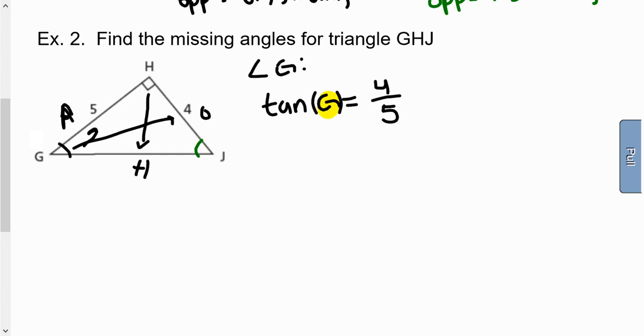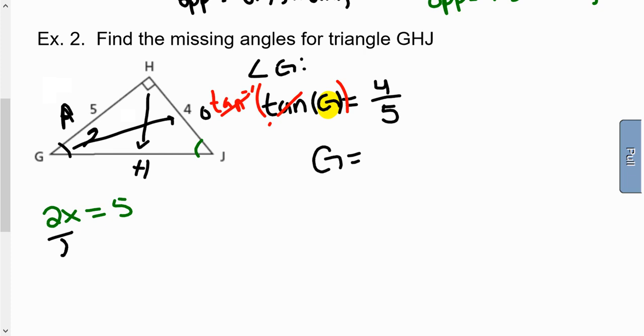So what I want to do is essentially untangent the left side. If I take the inverse tangent of the left side, it's kind of like it unlocks this tangent. It's like the key. It opens this gate. These two both disappear, and I'm just left with G. Just like how if I had off to the side, say, 2x equals 5, that x is being multiplied by 2.